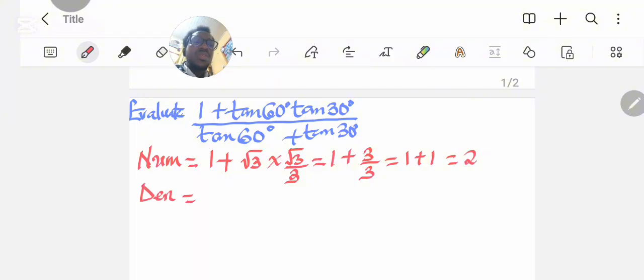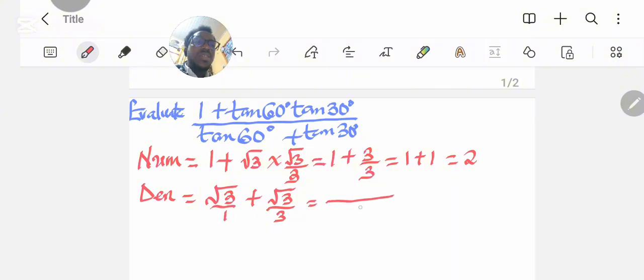So our denominator, we have tan 60 degree plus tan 30 degree. Again, tan 60 degree is equal to root 3, plus our tan 30 degree, which is root 3 all over 3. So this is the same as over 1.